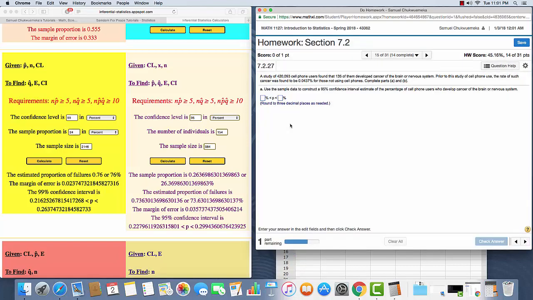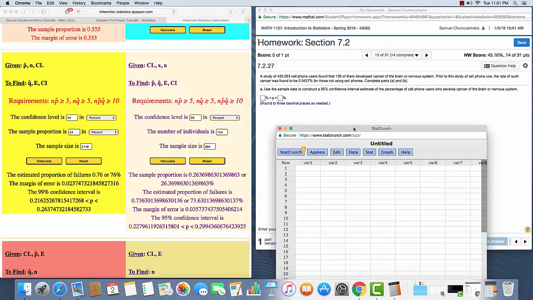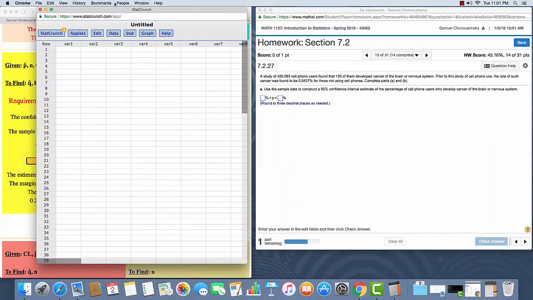Question 15. StatCrunch. A study of 420,093 cell phone users found that 135 of them developed cancer of the brain or nervous system.